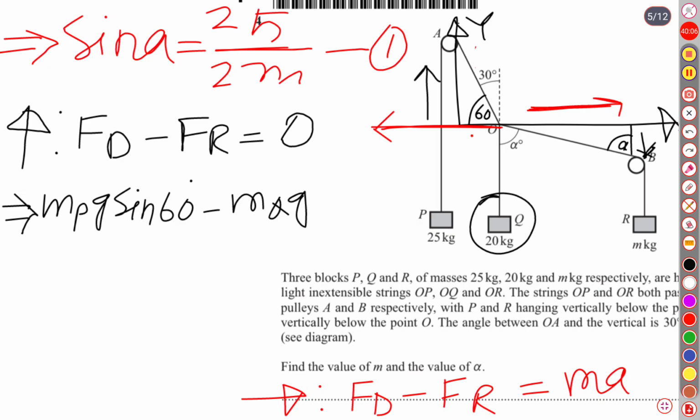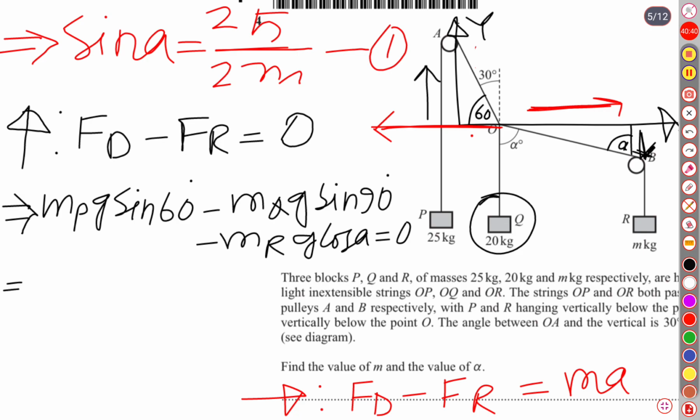MQG sine 90 degree, here the angle is 90 degree, minus 10 mr cos alpha. For this one it will be m cos alpha. So minus m, the name of this particle is r, g cos alpha is equal to, right side is 0.